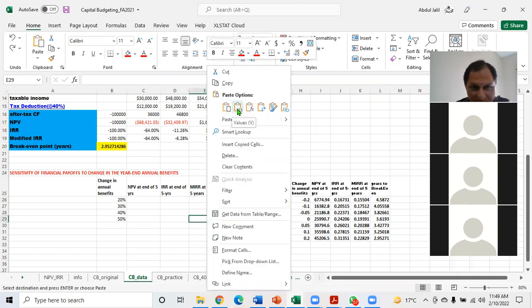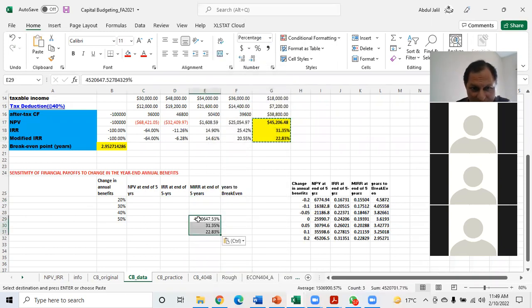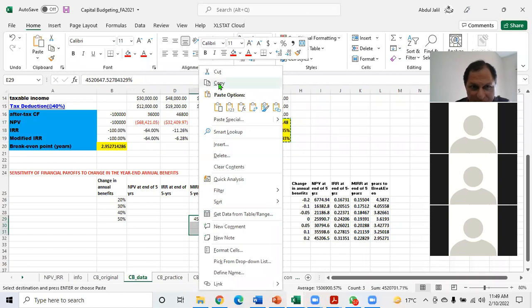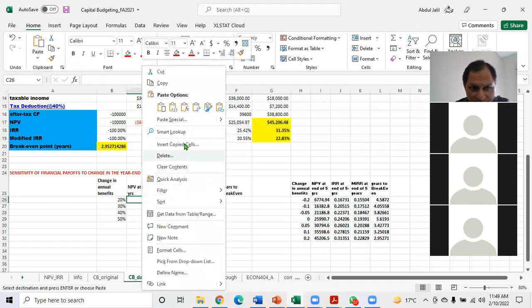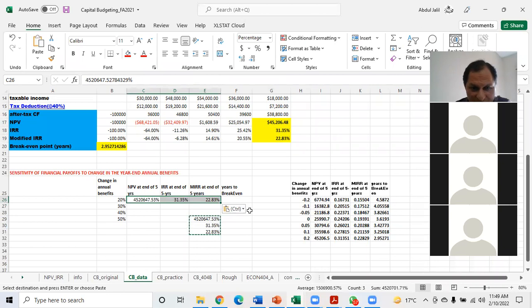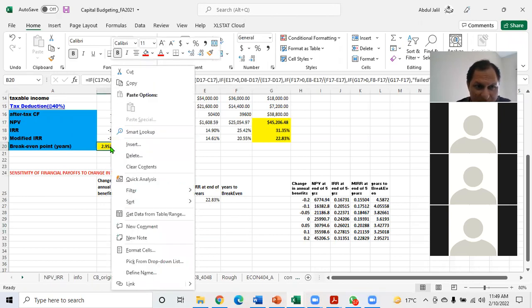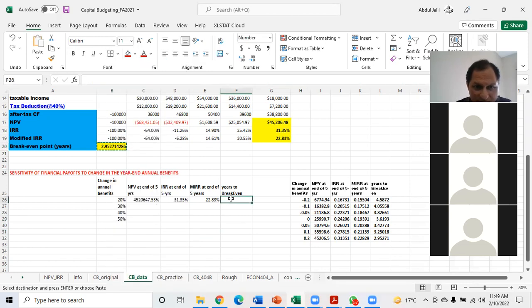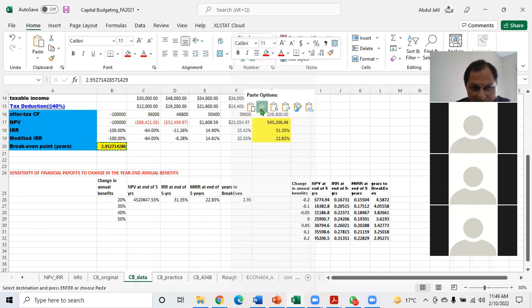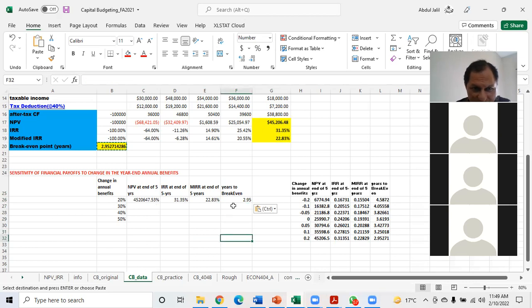So just values, and then you copy it. This way you will get these values, right? And then you delete this. And this time period is there. So you can copy it, simple, copy, and then only paste the numbers, right? So this is the break-even time period.